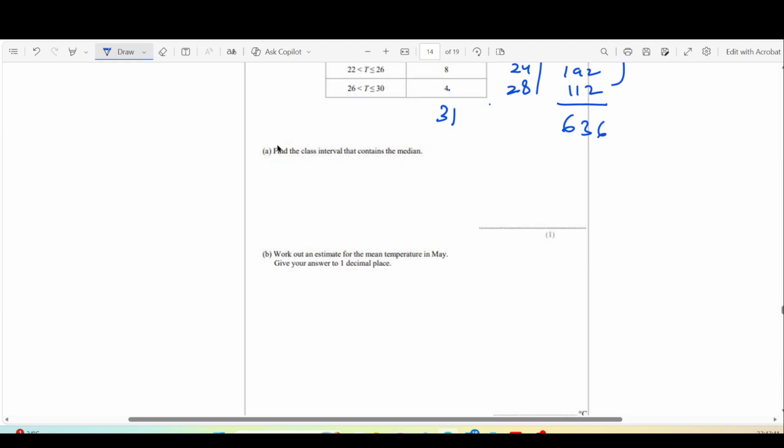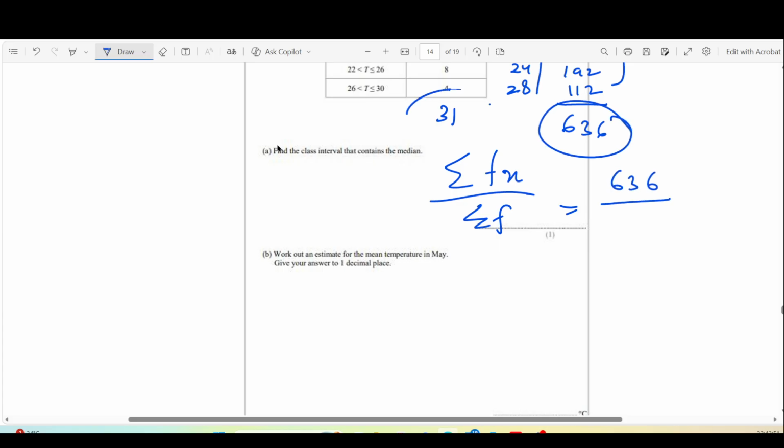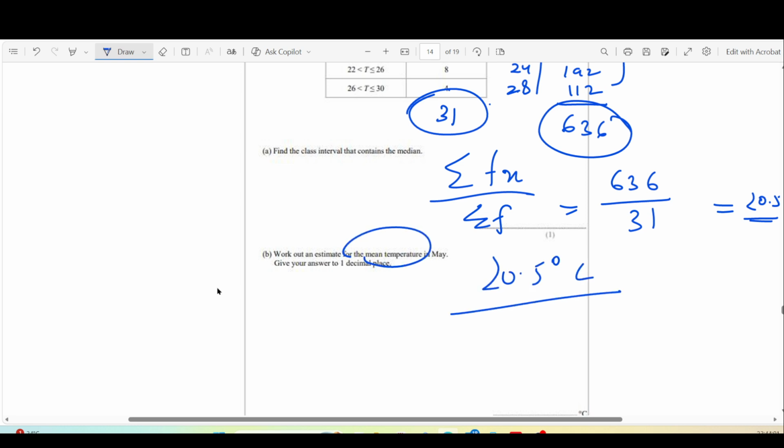The mean formula is the summation of f times x divided by the summation of f. The total sum is this, and the total frequency is 31. If you divide it, you get 20.5, and that's your answer. So 20.5 degrees Celsius is the mean temperature.